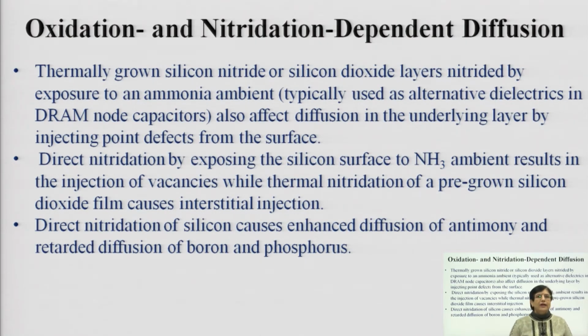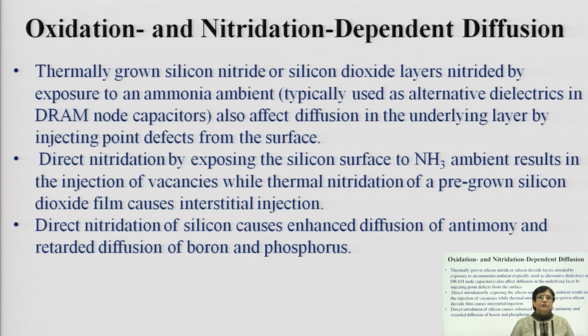Thermally grown silicon nitride, or a silicon dioxide layer nitrided by exposure to an ammonia ambient, is used as an alternative dielectric, very well used in DRAM node capacitors. That also affects the diffusion in the underlying layer by injecting point defects at the surface.